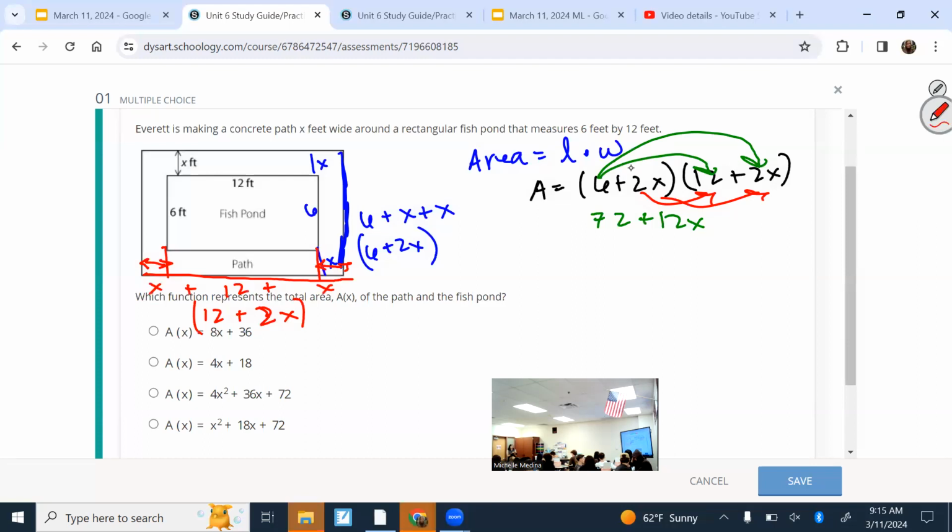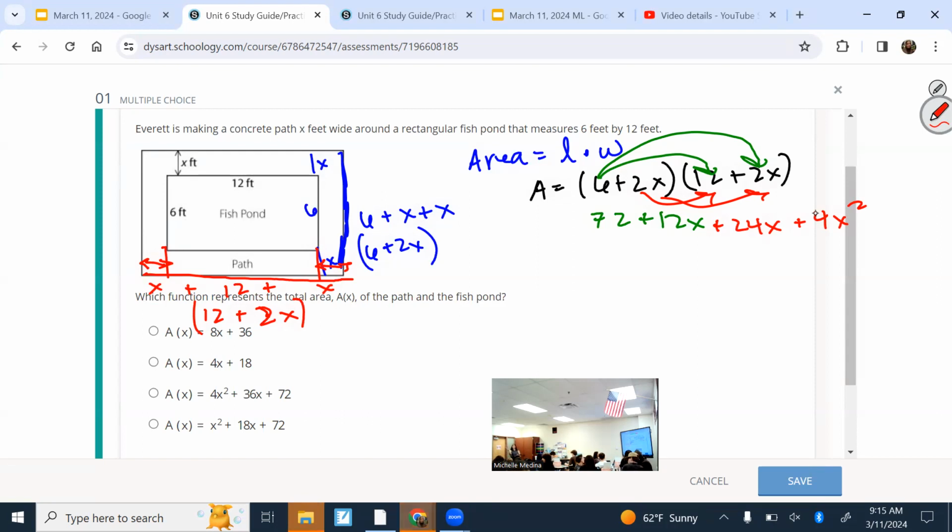Table 8, what's 2X times 12? Correct. Good. Table 7, what's 2X times 2X? Good, that's not table 7, but I'll take it. All right, 2X times 2X is 4X squared.